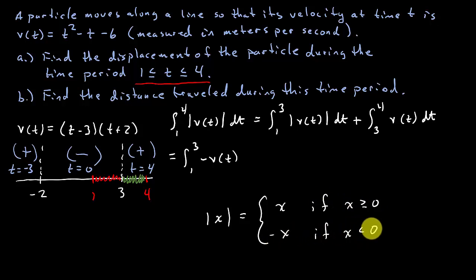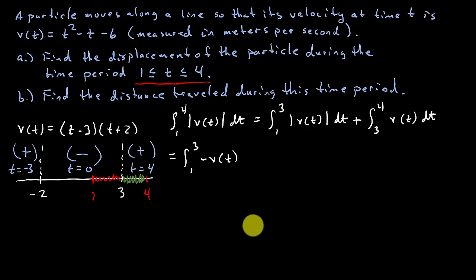Okay, that's back from your first calculus class. You learned that, and that's even back in algebra. All right. So, and that's going to be dt plus, and that's going to be 3 to 4 v of t dt.